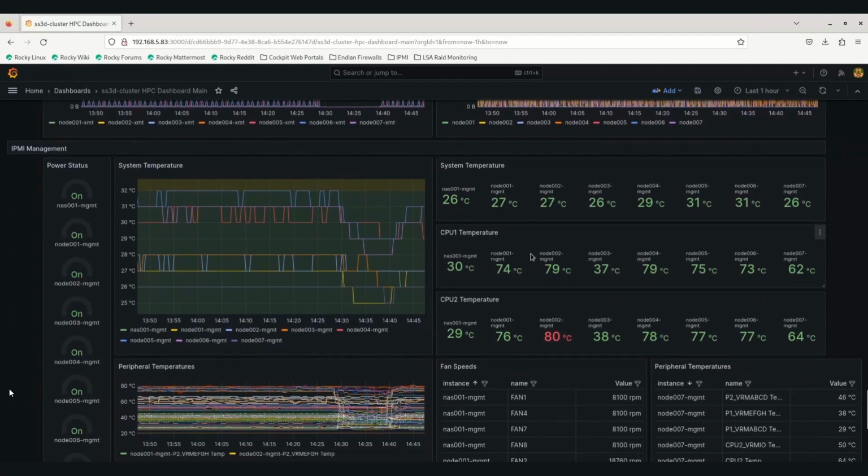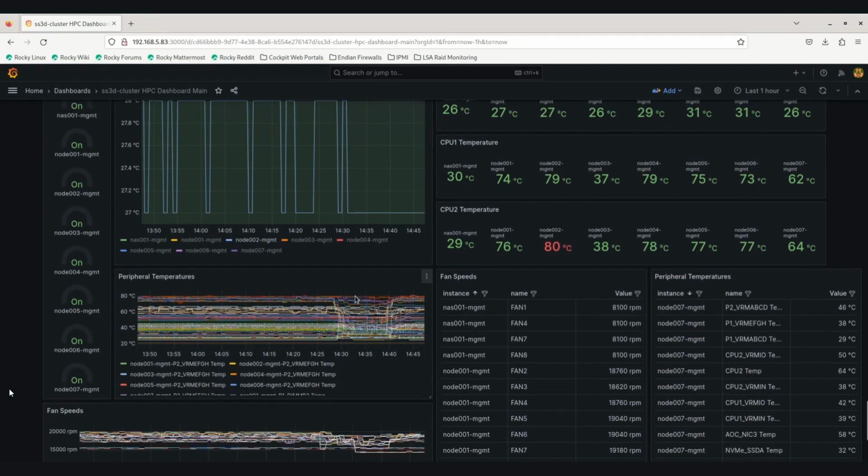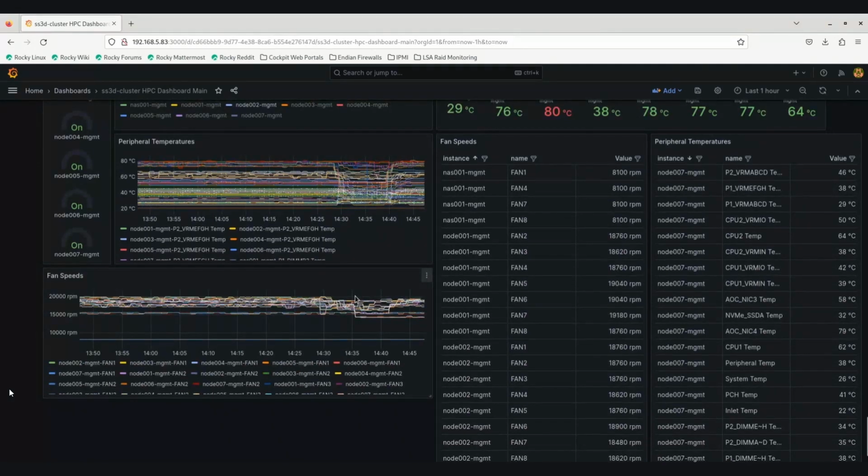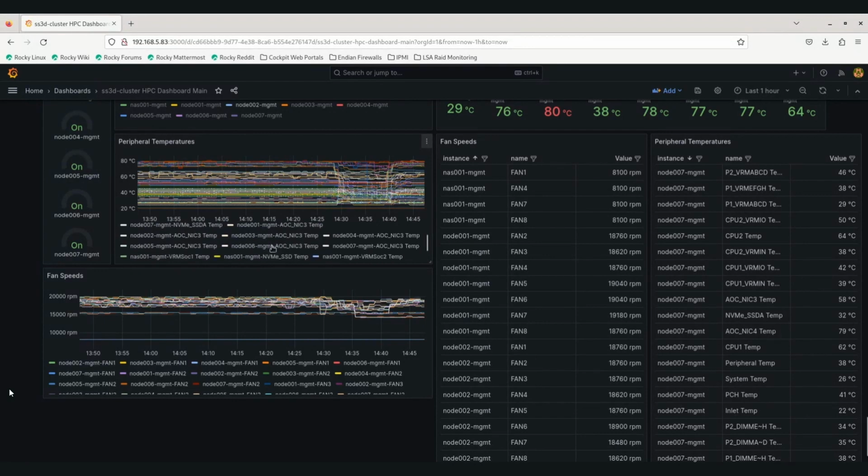We're looking at hardware health here now in IPMI management. You can see system component temperatures. You can look at cooling fan and peripheral temperatures.